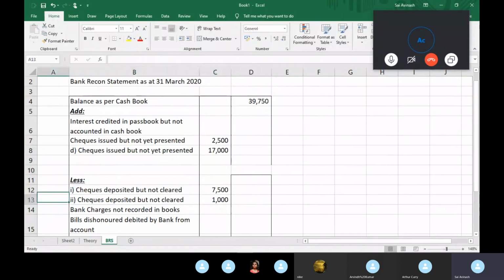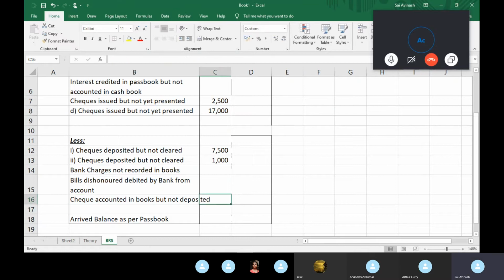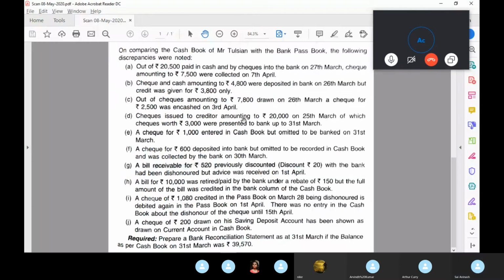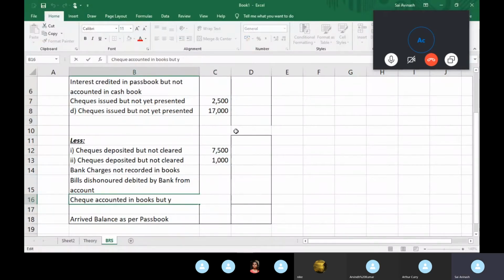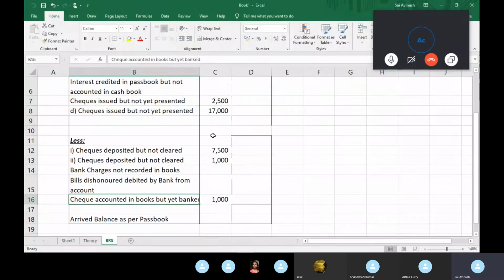So the moment I have to reduce something, which means check accounted in book, but not deposited. And I'm reducing the value by 1,000, right? You can call it not yet banked if you want the exact term as per the question. So that's number E.